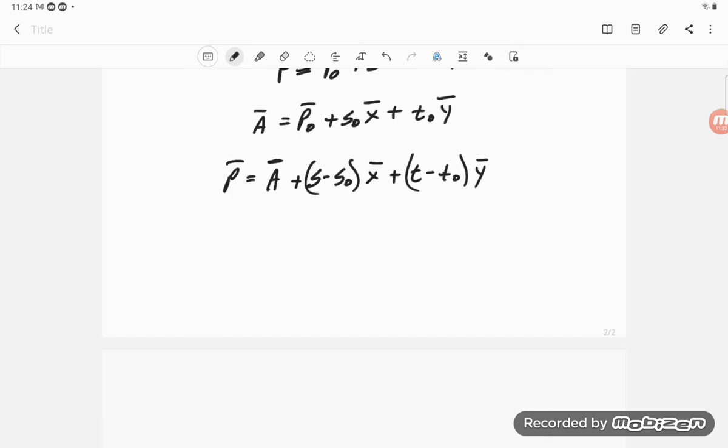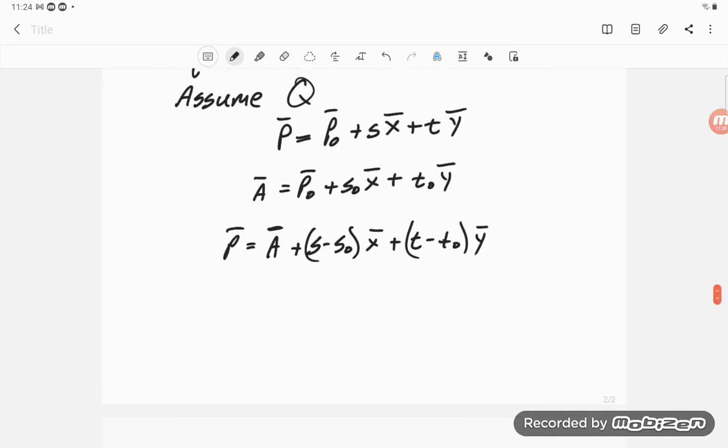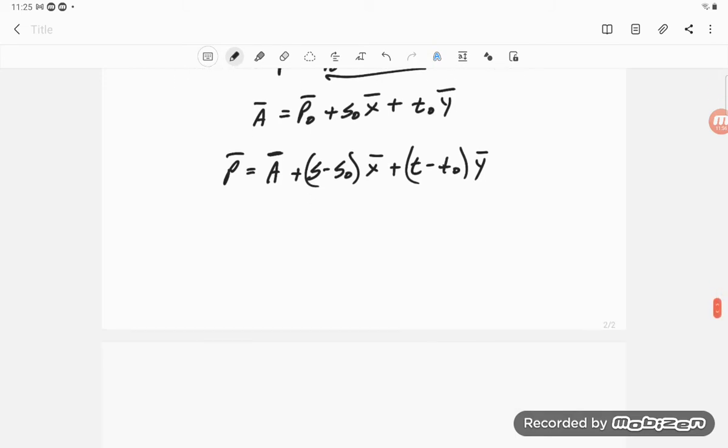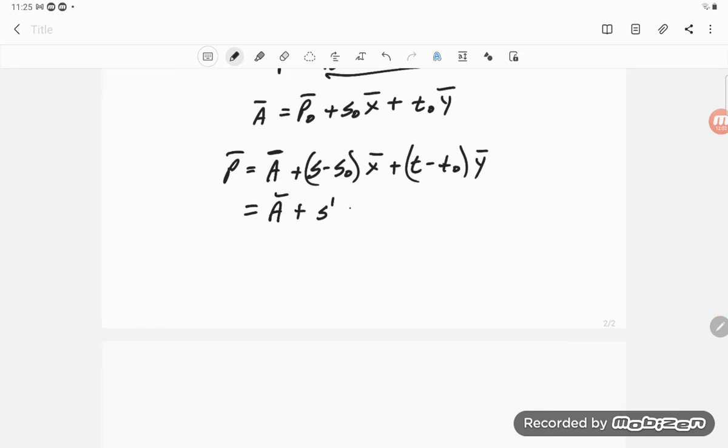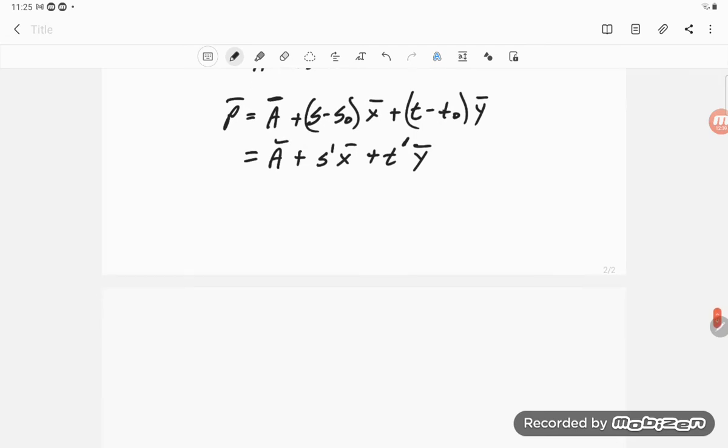We just subtracted the point A, or the vector A, from this thing. We took this whole thing and we subtracted A off of there. And so this is A plus some S prime X plus some T prime Y, different letters for those differences there.